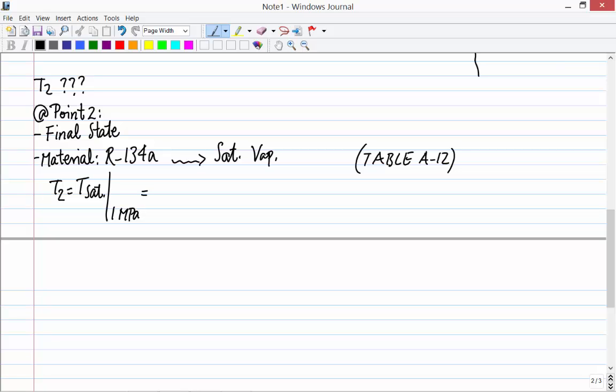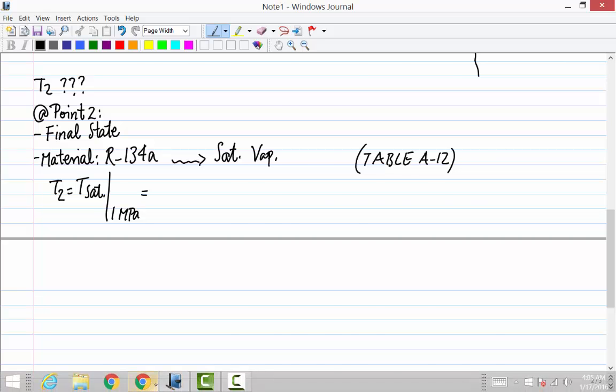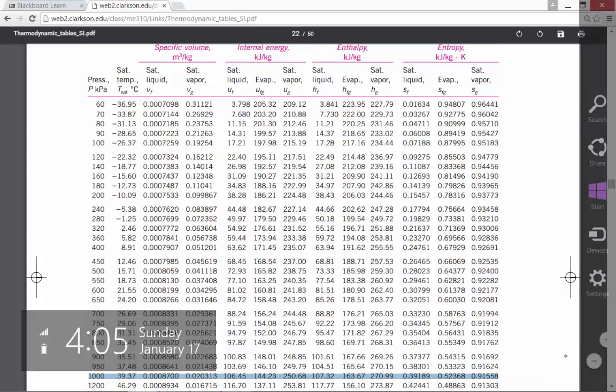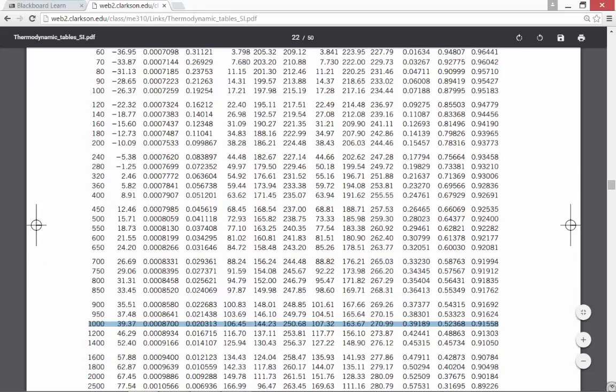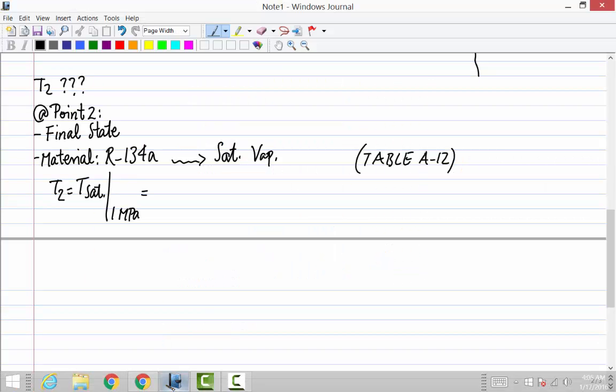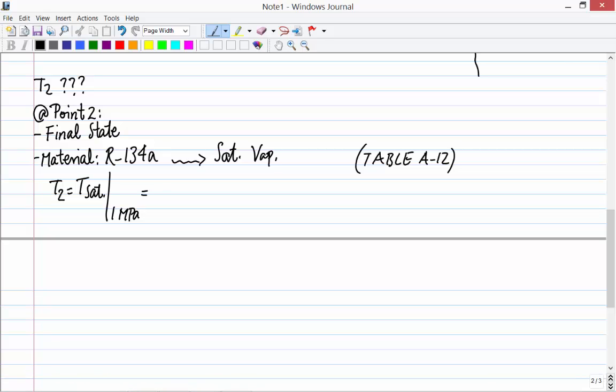And they would be both at those values in the table. For example, here 1 megapascal and 39.34. These two numbers will be constant all along the phase change process.